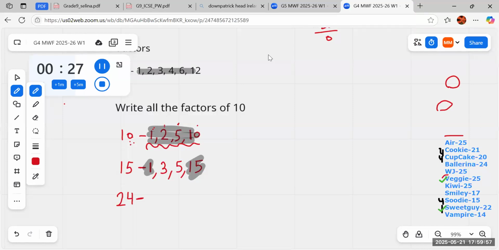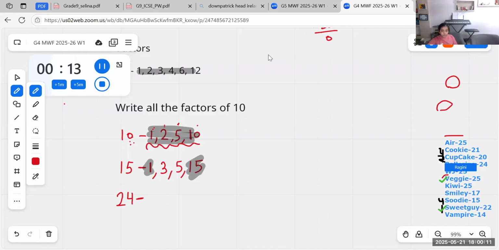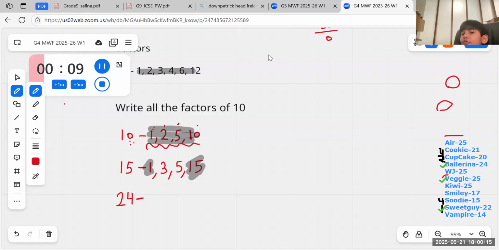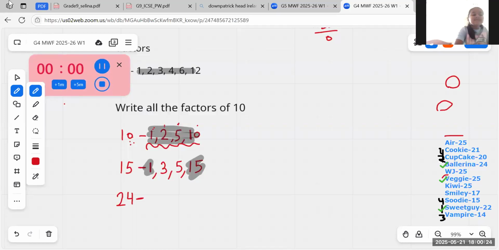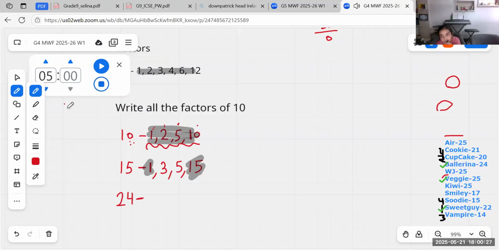Sir, my ma'am can check mine. Sir, mine too. It takes time to check, ma'am, factors. Wait, beta, ma'am is checking. Sir, ma'am has not checked mine.